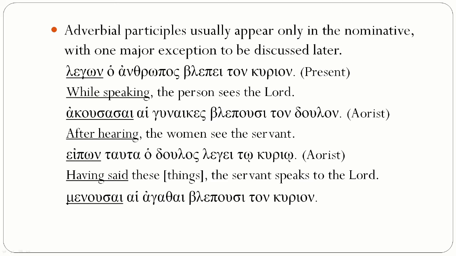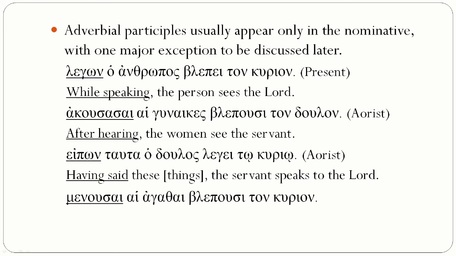All right, the last sentence now: menousai, hai agathai, blepousi ton kurion. Main sentence again: hai agathai blepousi ton kurion. Agathos is an adjective from chapter 6. Agathos is "good."